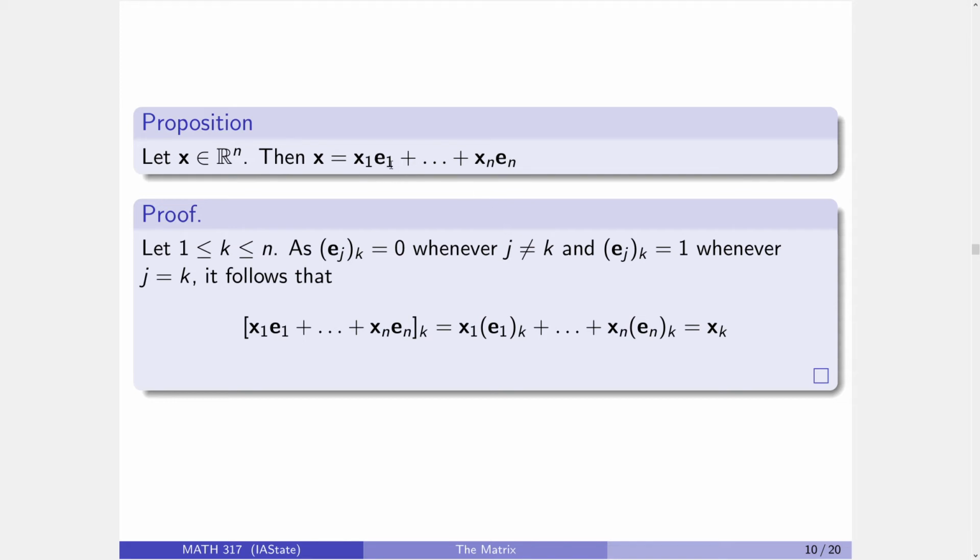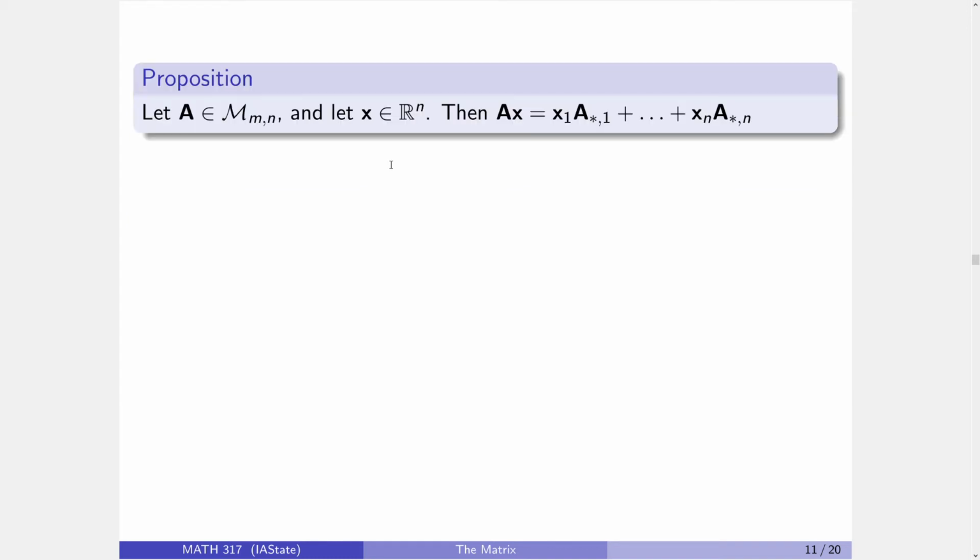Okay, and now with this result in hand, let's note that, hey, multiplying a matrix by standard basis elements gives you the column. So if I take a matrix and multiply it by an element of R^n, it's actually just a summation of the scaled columns of the matrix. So you take the columns, you scale them by the entries of x, and then you add them up. That's an interesting way of thinking of it, right?